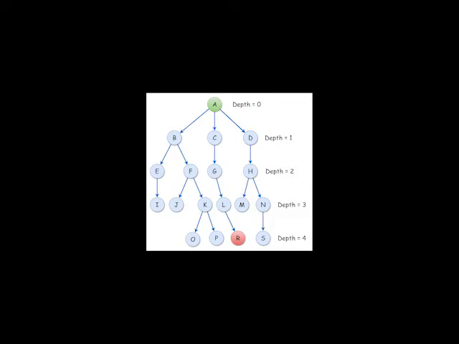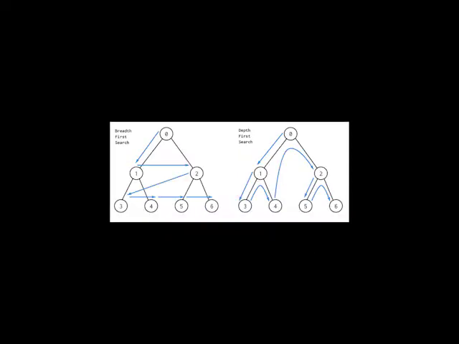Iterative deepening search combines depth-first search's space efficiency and breadth-first search's completeness. By using this search, the algorithm uses much less memory, as the depth only increases if and only if the goal state is not found at its current depth.